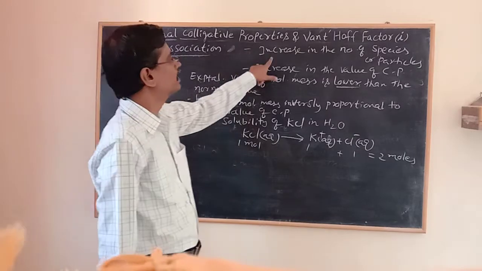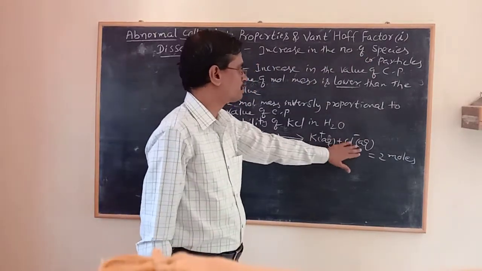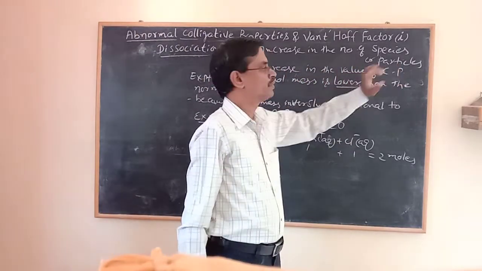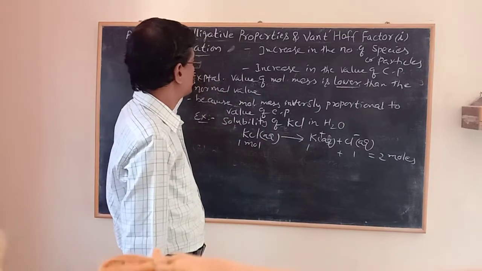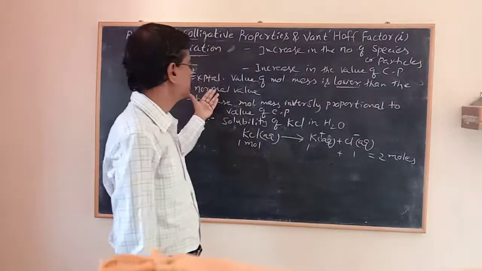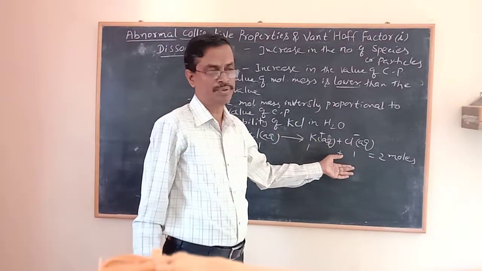So here I have written increase in the number of species. Due to this increase in the number of species, there is an increase in the value of the colligative property also. But the experimental value of this molar mass is always lower than the normal value because of the increase in the number of species.